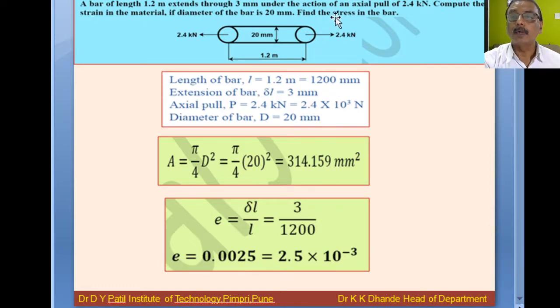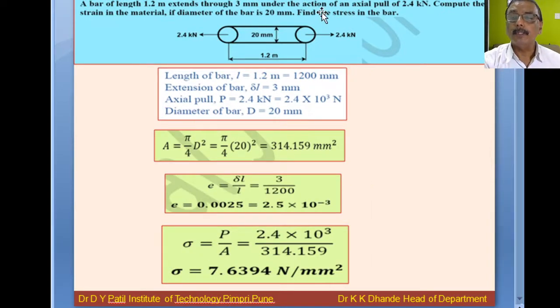Now here we have to calculate stress. To calculate the stress, our equation is stress is equal to load upon cross sectional area. Load is given 2.4, we have converted into Newton, so 2.4 into 10 raised to power 3 Newton. Cross sectional area we already calculated, 314.159.